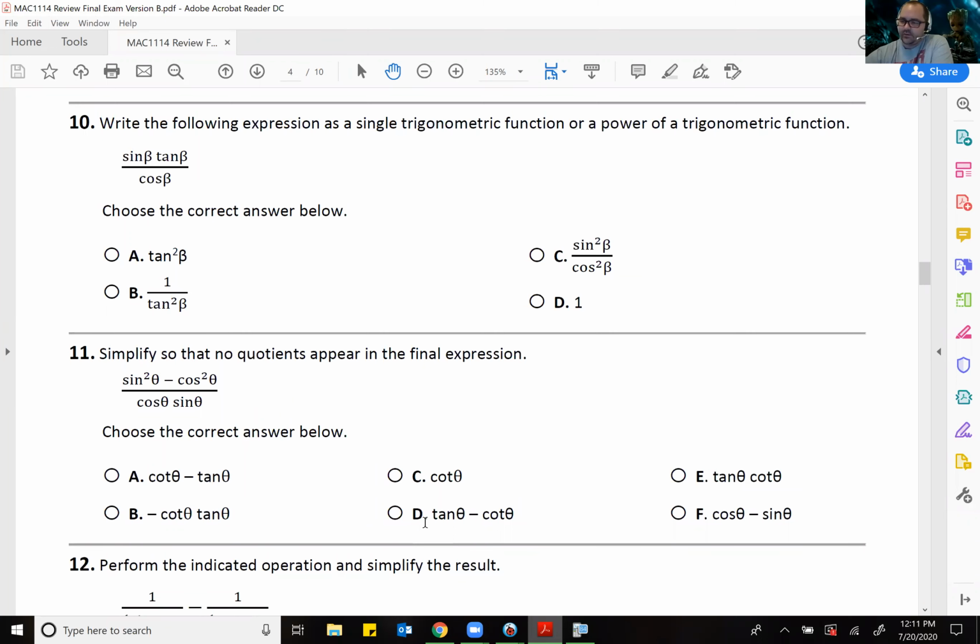Still 10.1. All right. So they want us to simplify this so that there are no quotients. In other words, no division. So all my answers do not have division, so that's a good thing.